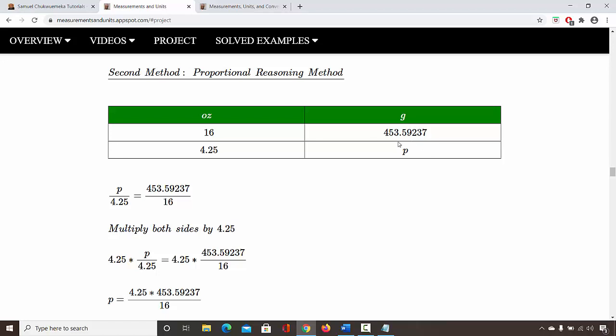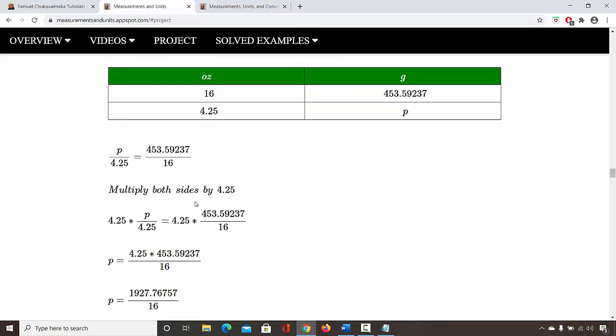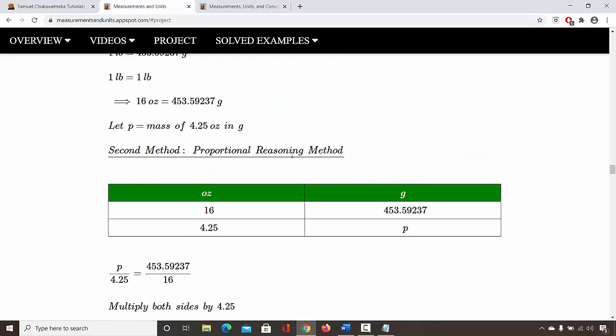So many ways. I think I said 4 ways. No, it's more than 4 ways. So many ways they can form a proportion. Just make sure that it is proportional. They can say 453.59237 over P equal to 16 over 4.25. Okay, so now this is the proportion, and that is why we call it proportional reasoning.